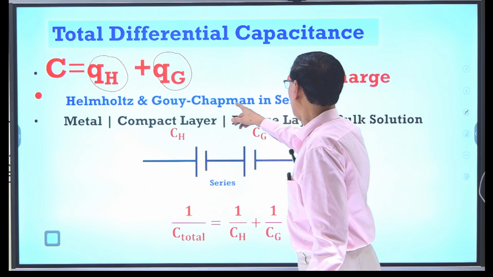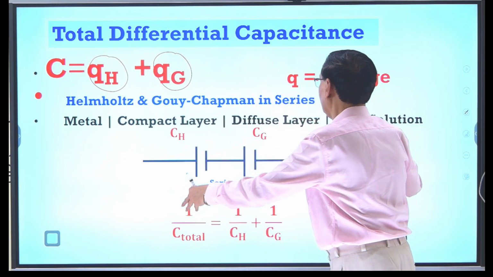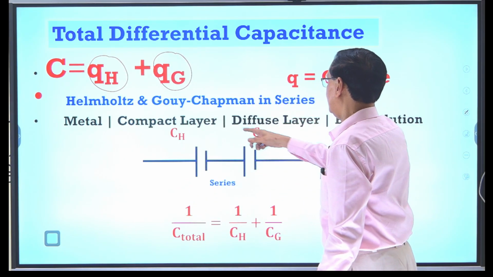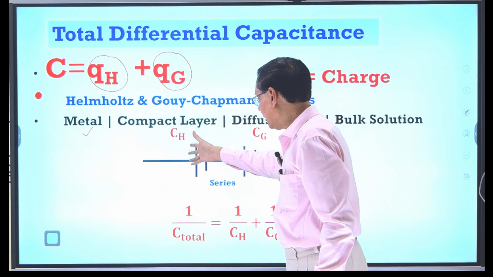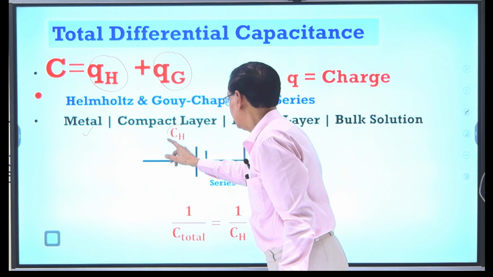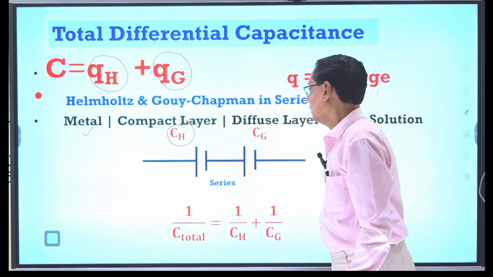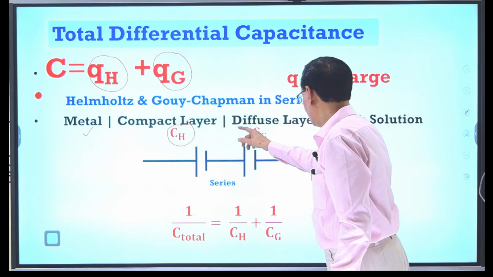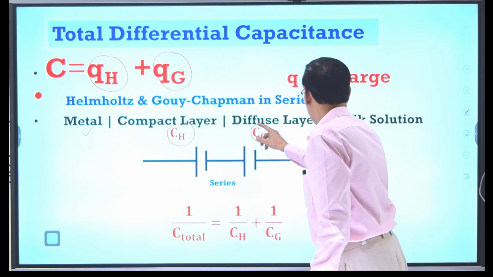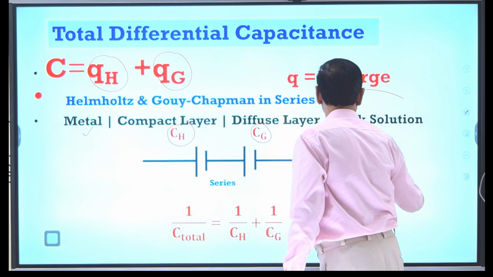So Helmholtz and Gouy-Chapman, if I take now a series as I have already said, one is metal, here is positive, then compact layer, and this is the CH, the capacitance of the Helmholtz layer, then again diffuse layer, and this is the bulk solution, electrolyte solution.